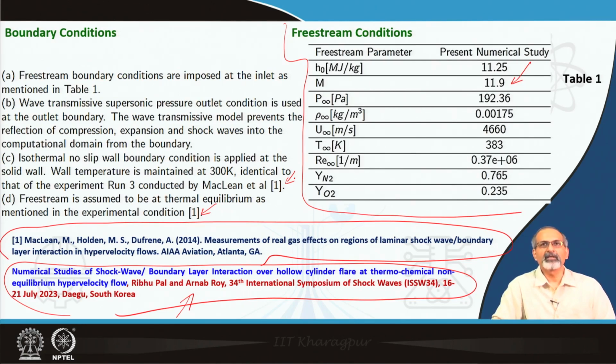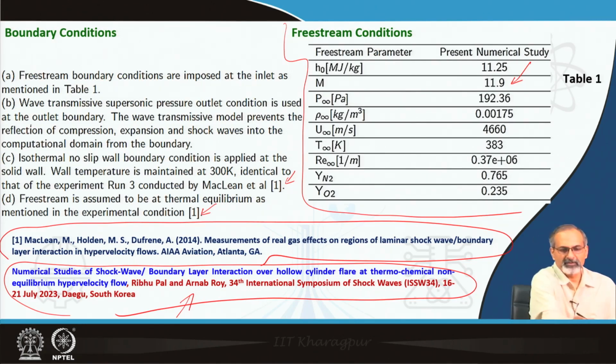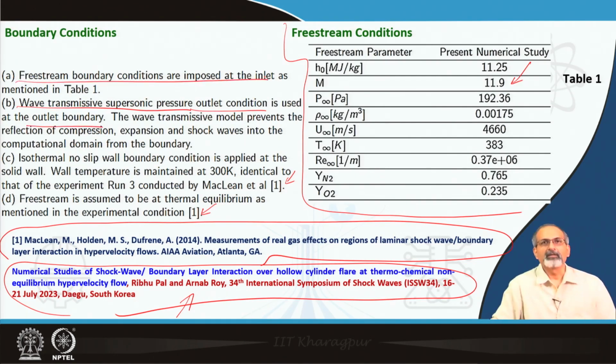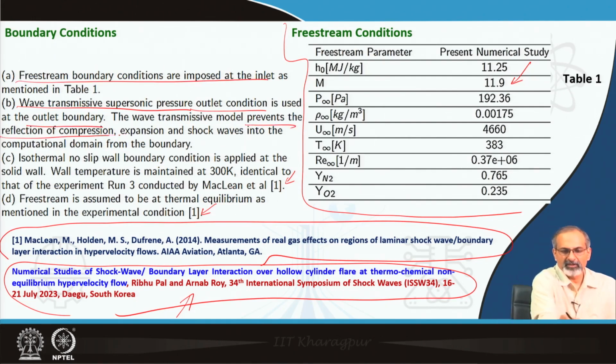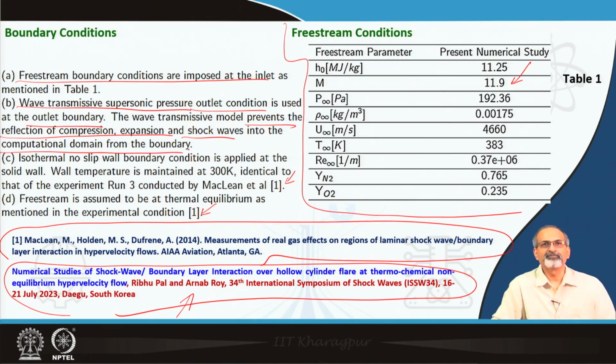Free stream boundary conditions are imposed at the inlet of the domain. Wave transmissive supersonic pressure outlet conditions are used at the outlet. The wave transmissive model prevents the reflection of compression and expansion and shock waves into the computational domain from the boundary.